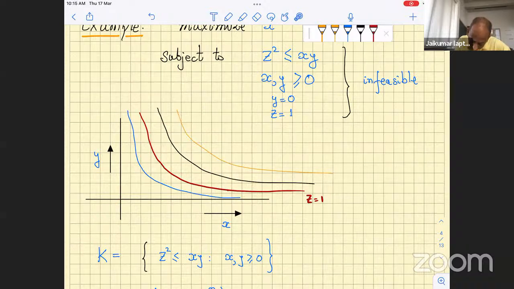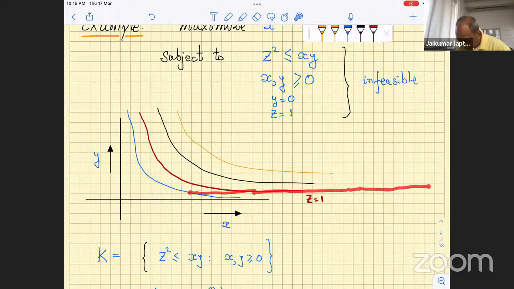And as I move, now I will let you imagine that it should be possible for me to move something like that. So as I keep going, initially I have cut the blue line. Then when I cut the red line, I get Z equals 1. Then when I cut the black line, I get Z equals 2.